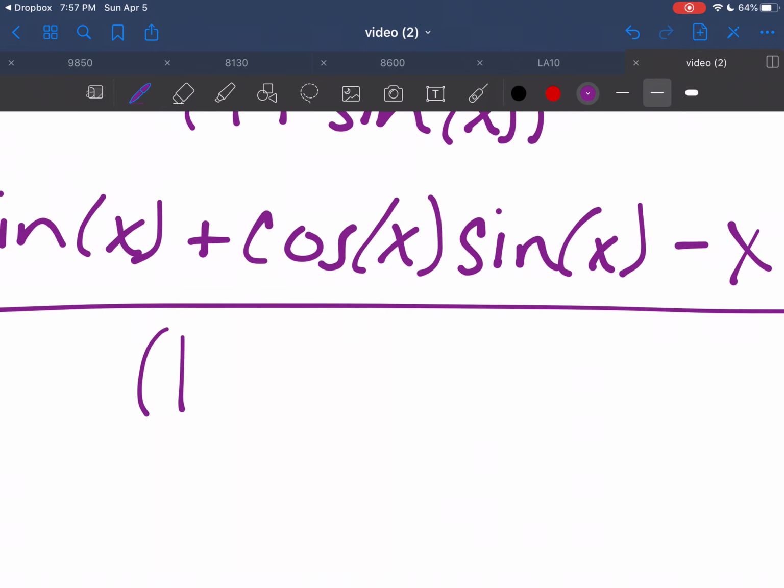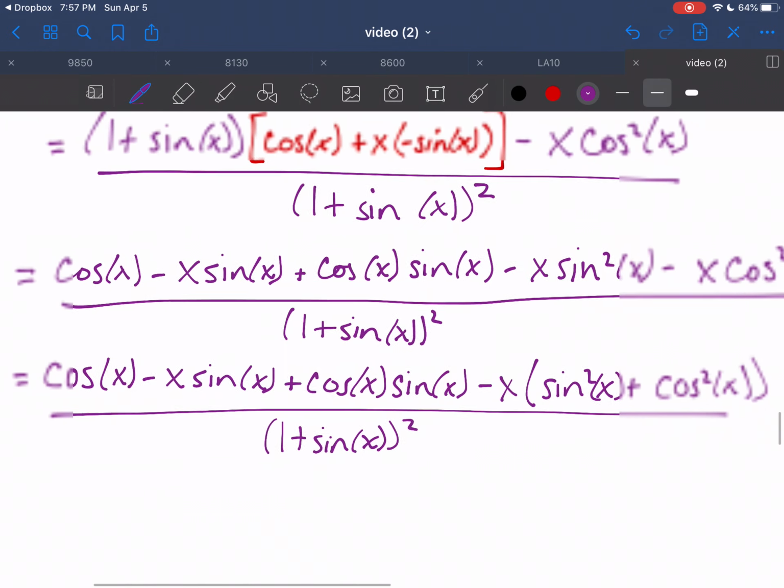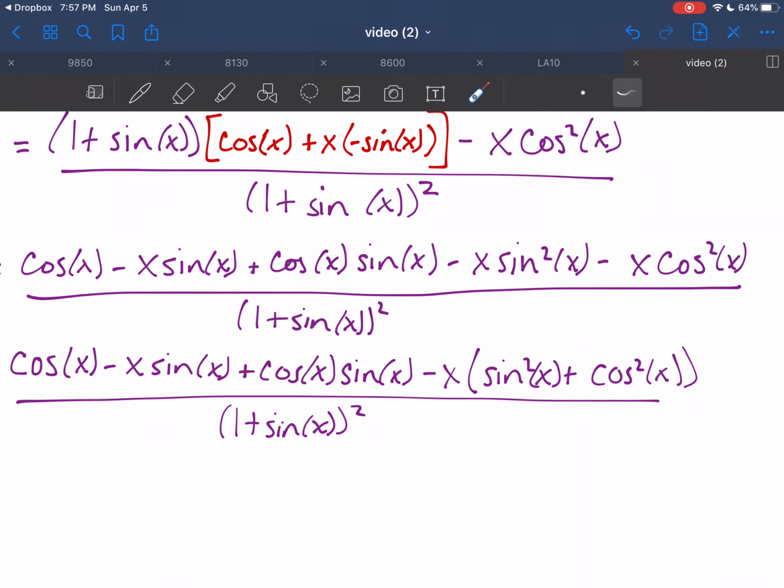All of that still divided by the same. Okay, so we took these two terms and factored out this negative x, and what that does is that leaves us with this sine squared plus cosine squared, which we know is equal to 1.